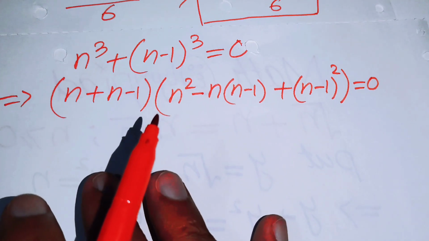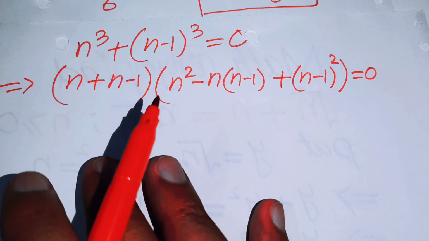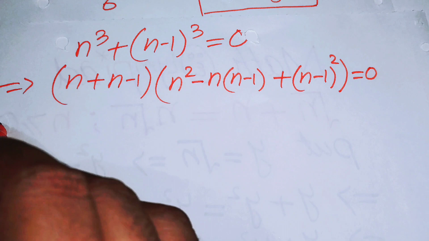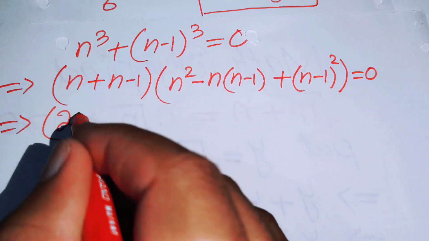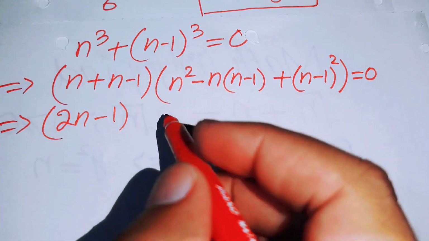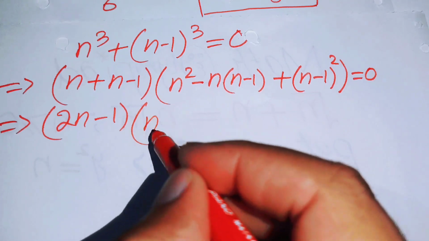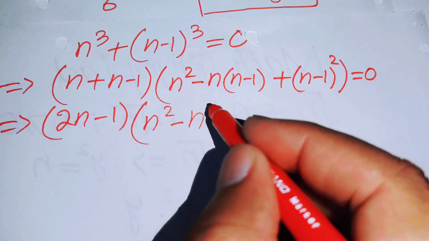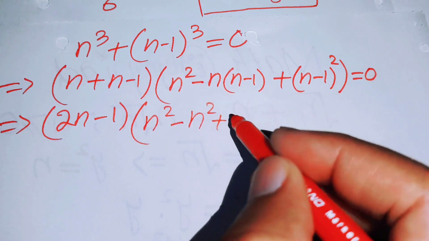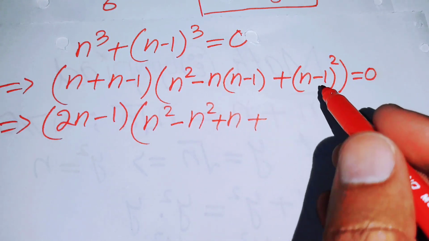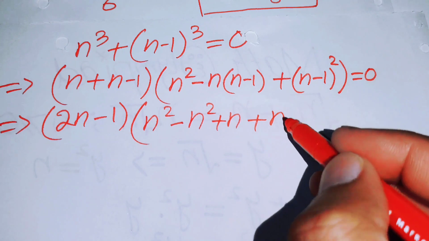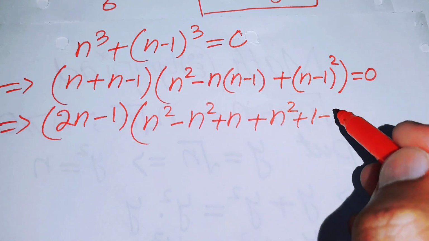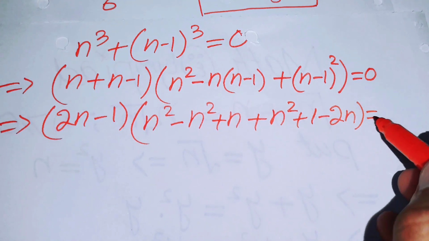And now we can simplify the terms and you will get here 2x minus 1 into x squared minus, you can multiply this x on both of the terms and you get minus x squared plus x, and you can open the square of this term and you get x squared plus 1 minus 2x equals 0.